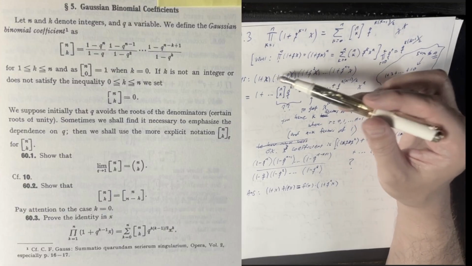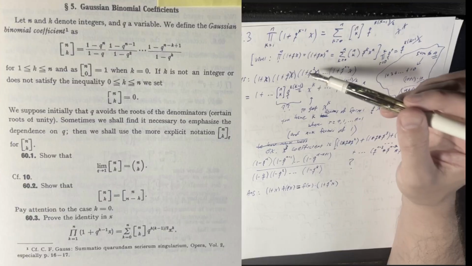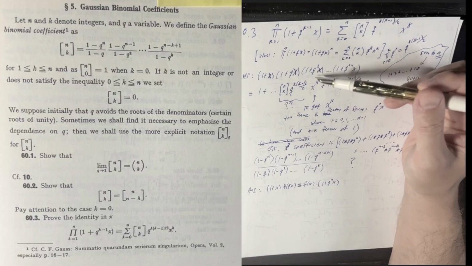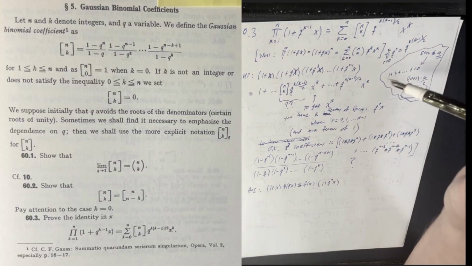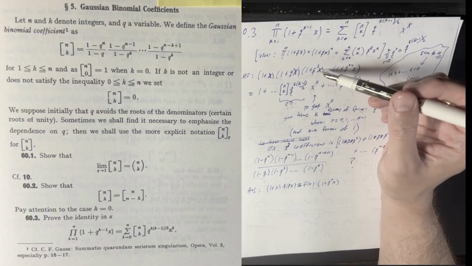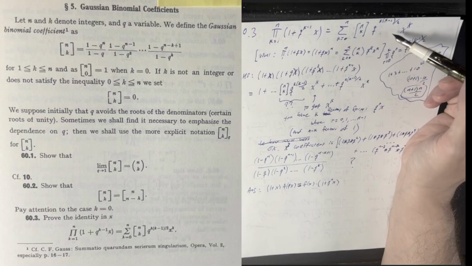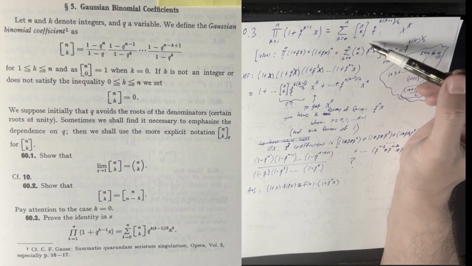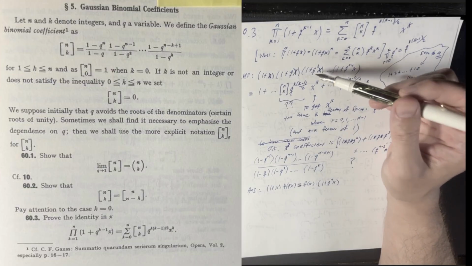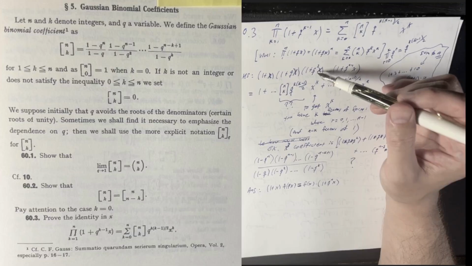If you used all but one of these, say you don't use this term, but you use every other term, you'll get a sum of x to the n minus 1. But the q's, that's weird, right? You'll get this. Well, no, one way that you get it would be this minus 2.